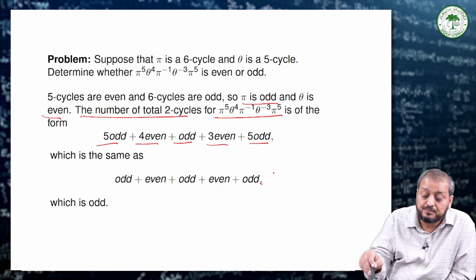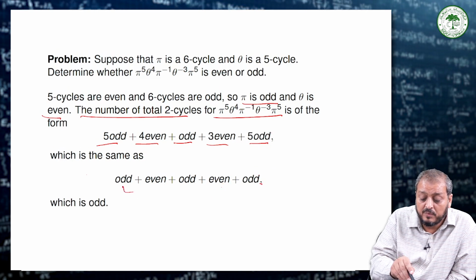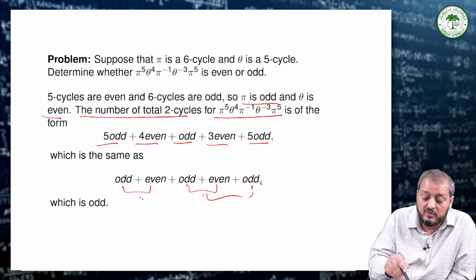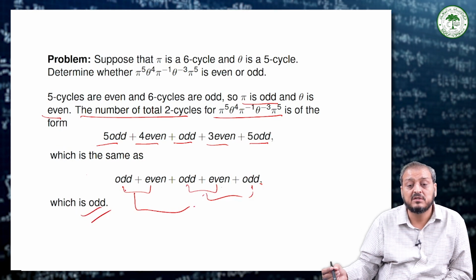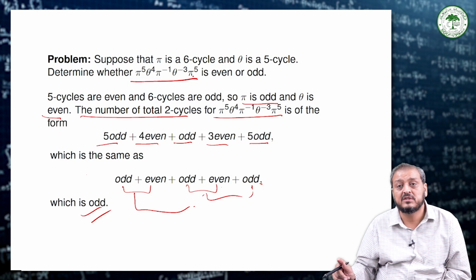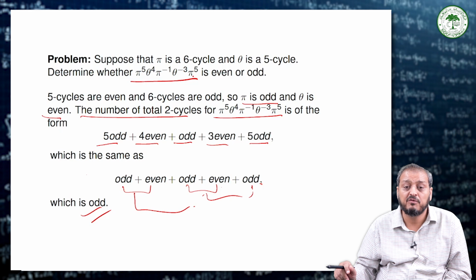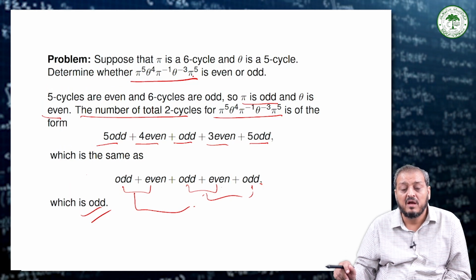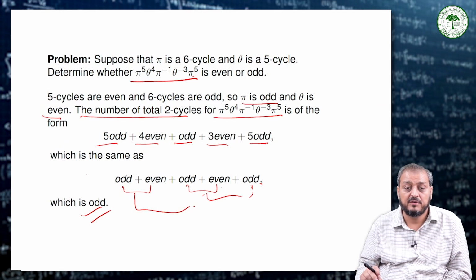Even plus odd is odd, and odd plus even is odd. So clearly we have to show that pi to the power 5, theta to the power 4, pi inverse, theta to the power minus 3, and pi to the power 5 is an odd permutation.